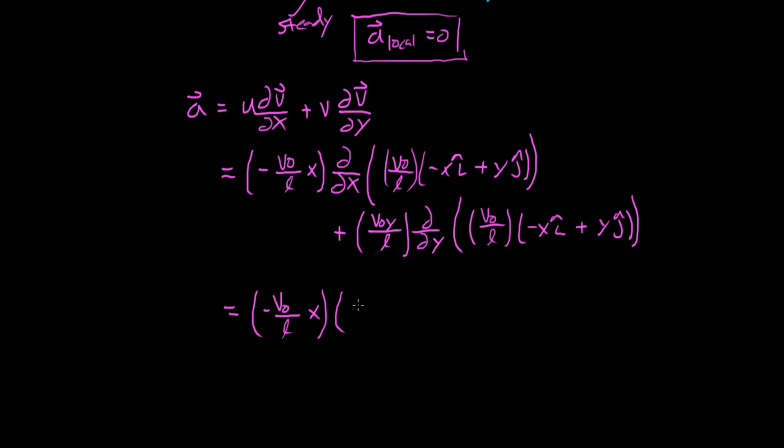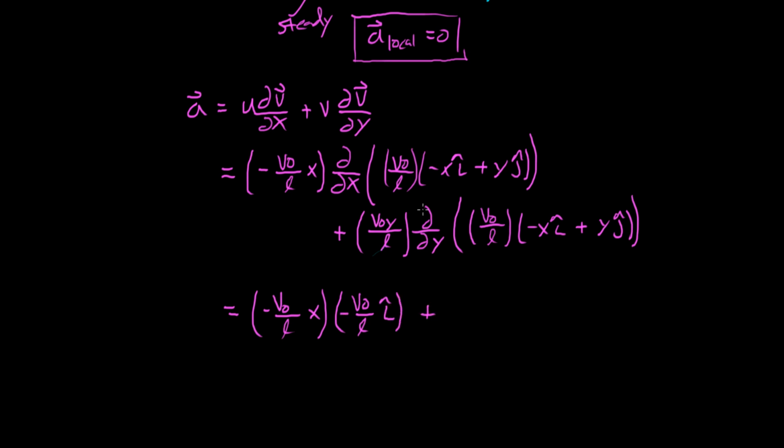And so we'll be left with v0 over L. That minus sign is going to stick around, as is an i hat. And just for clarity, let me go back and put it inside these parentheses so you can track what came together. v0 over L i hat there.